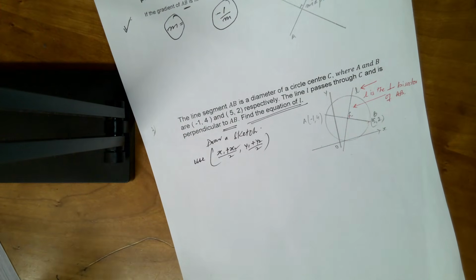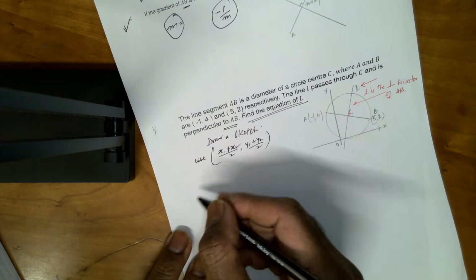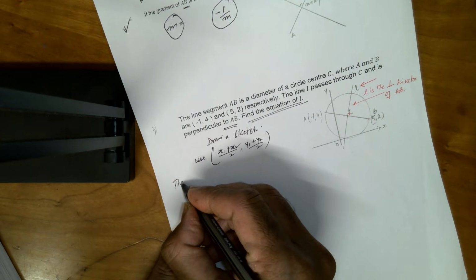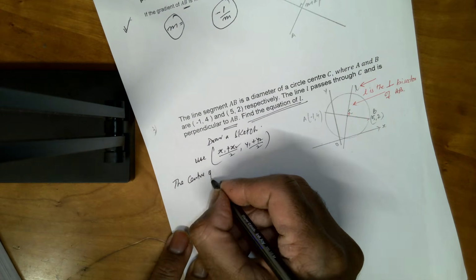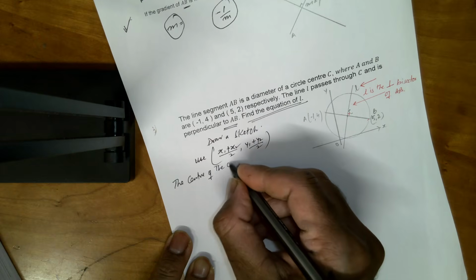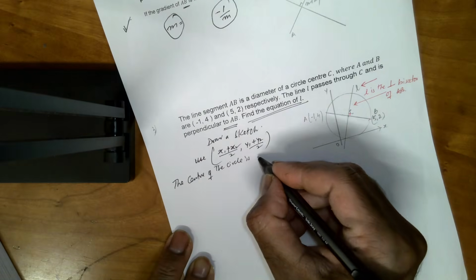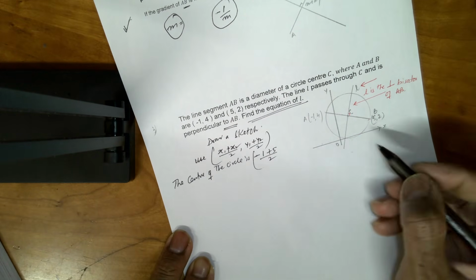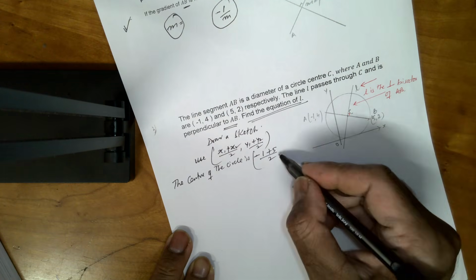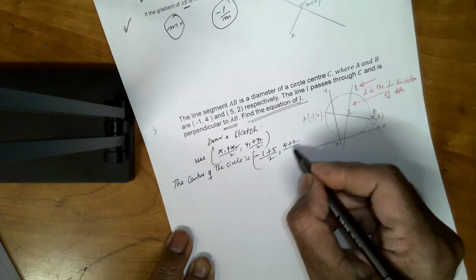Right, now first what we will do, we will say the center of the circle is, so let's do this one first here. So write down here the center of the circle is -1 plus 5 divided by 2, then you got here 4 plus 2 divided by 2.